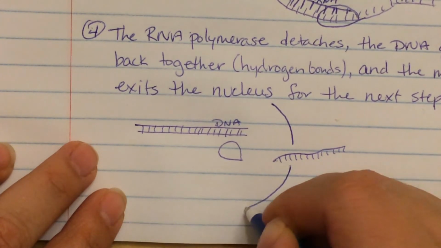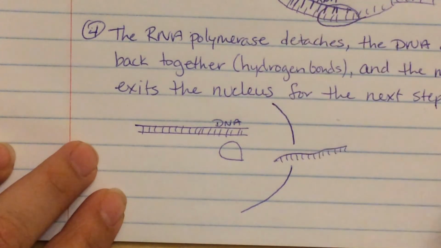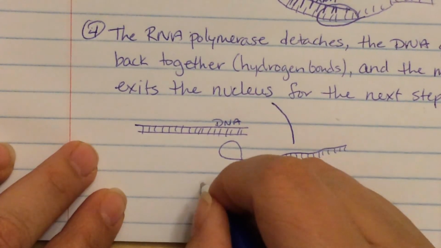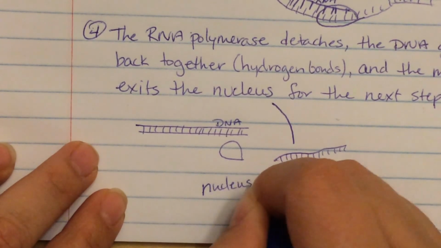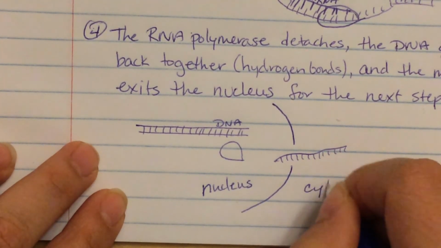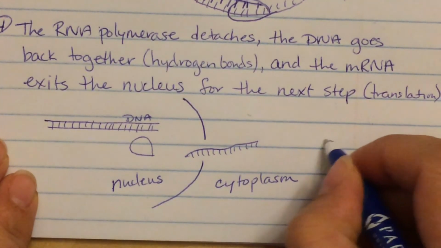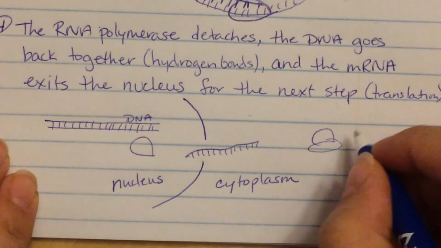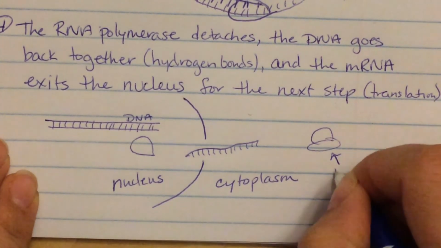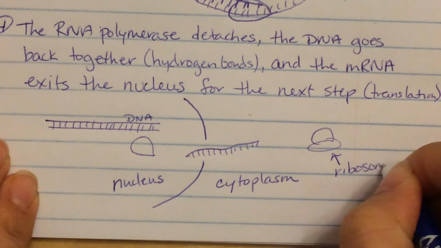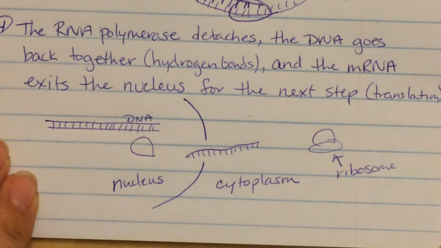So I'm going to draw my little nucleus right here, just kind of imagining that's a big circle. And so in here is the nucleus, and out here is our cytoplasm. And eventually this little bugger is going to meet up with this cool looking spaceshipy dude known as a ribosome. But that is in our next part.